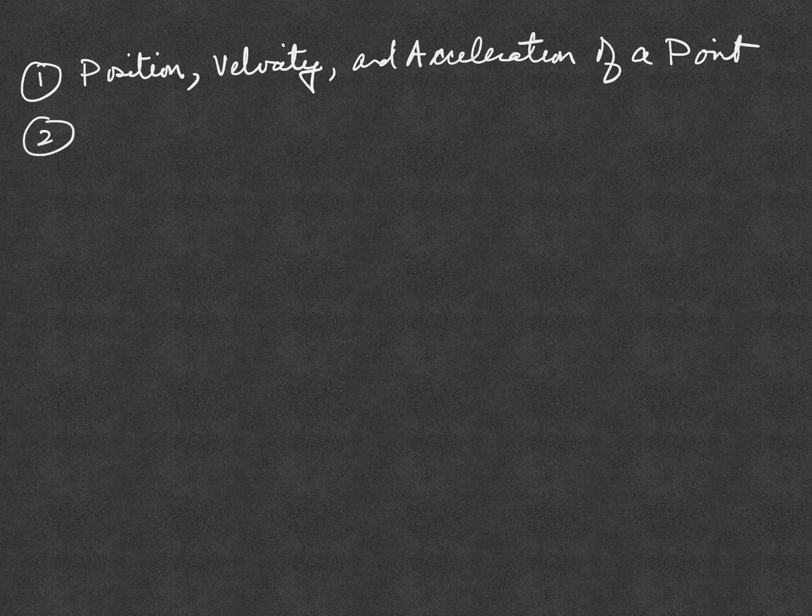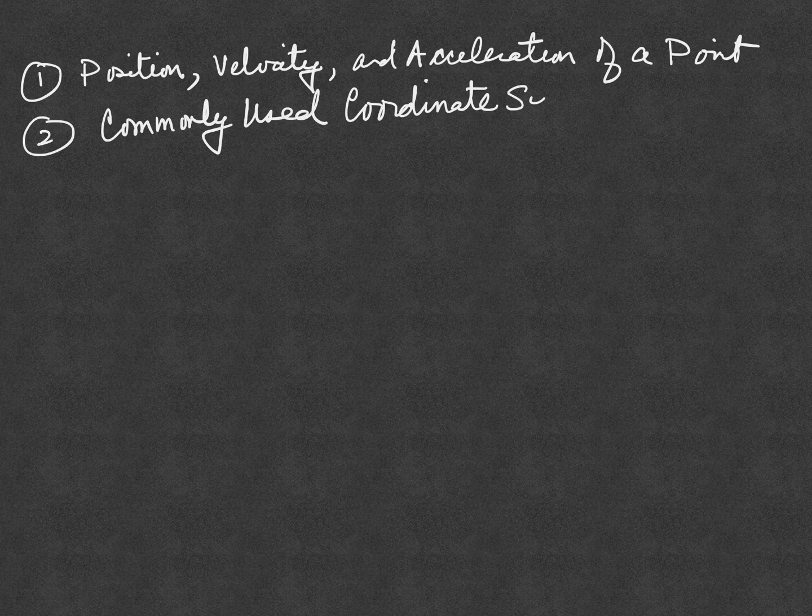Next, we will consider how the position, velocity, and acceleration of a point are expressed in various coordinate systems. And these are going to be commonly used coordinate systems. In particular, we're going to focus on three different coordinate systems.